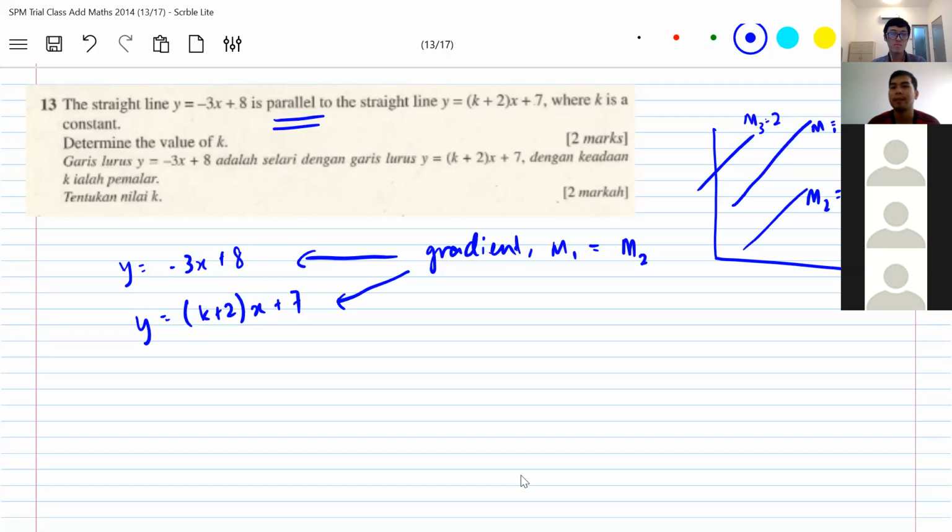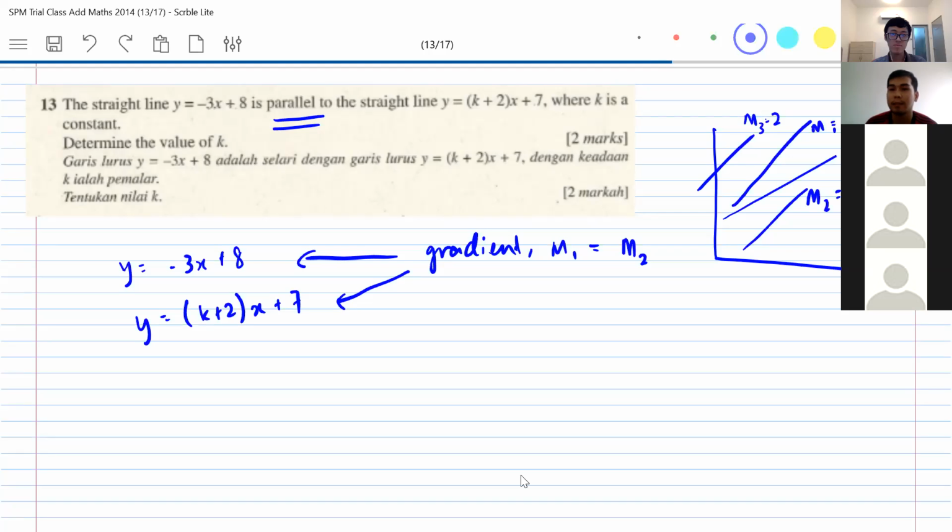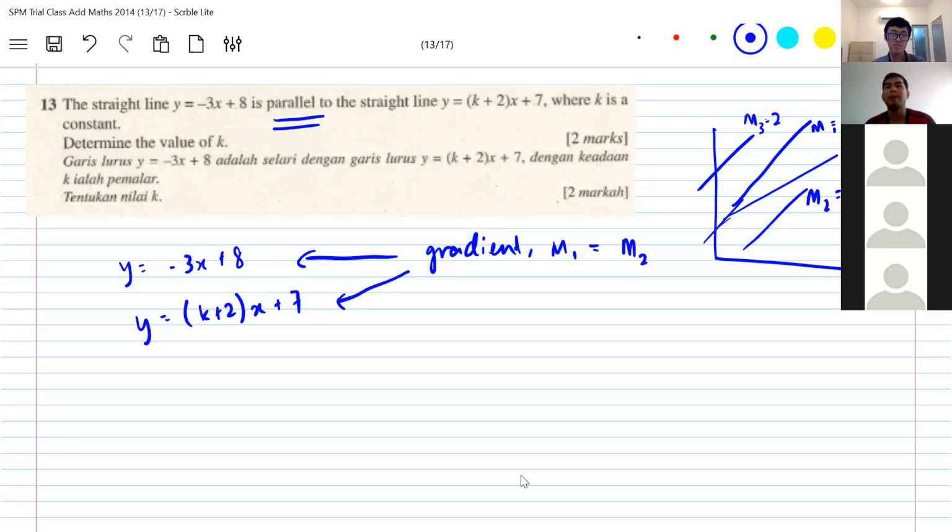Only then it can be parallel, right? If the gradient is slightly off by like 0.5, right? Say the gradient is m1 is equals to 0.5. M2 is equals to 1.5. You see, the gradient's a little bit off and they'll touch eventually. A parallel line never meet. Two parallel lines will never meet each other. Okay? So now that you know the gradient is m1 is equals to m2.